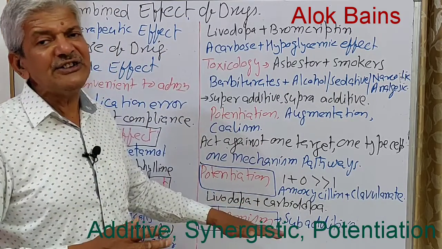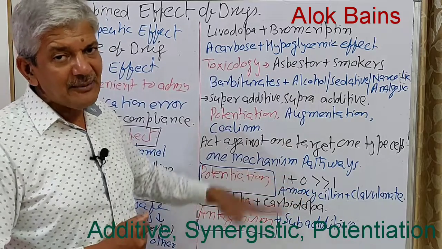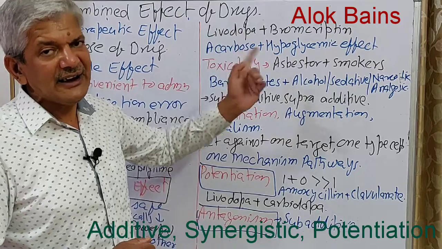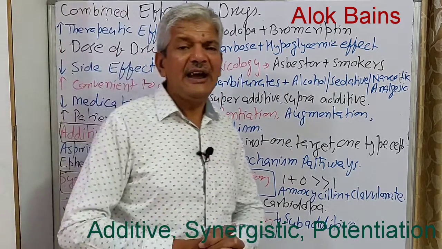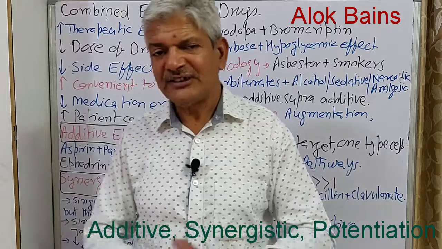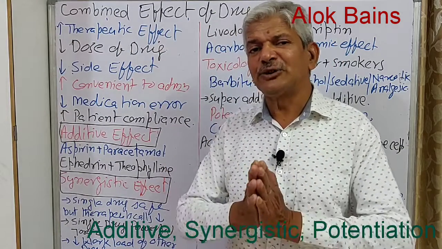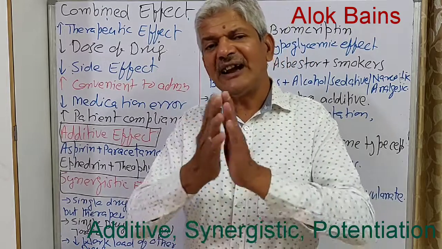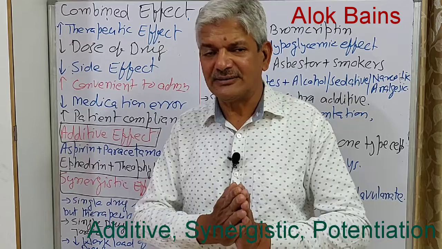And this also increases the effect to more than the additive effect. And last is the antagonistic effect. Very simple, very clear. Antagonistic effect means when we combine two drugs and both drugs act opposite to each other, that action is called the antagonistic effect.